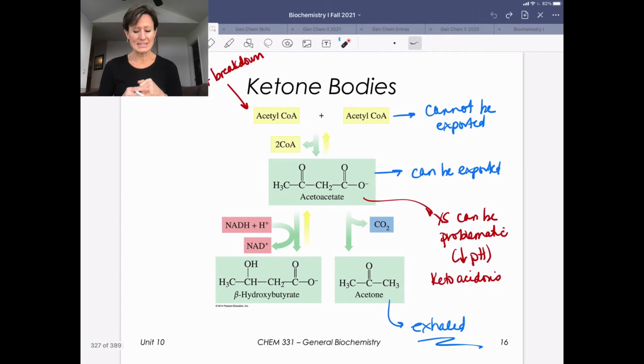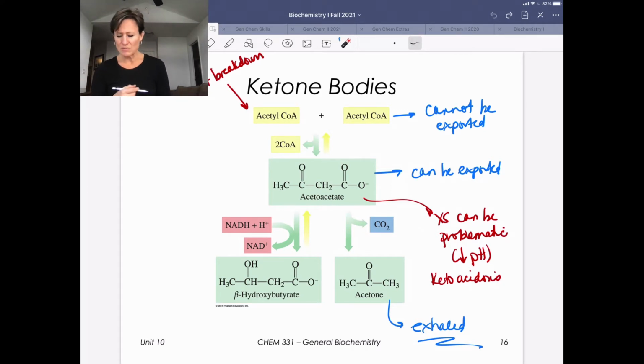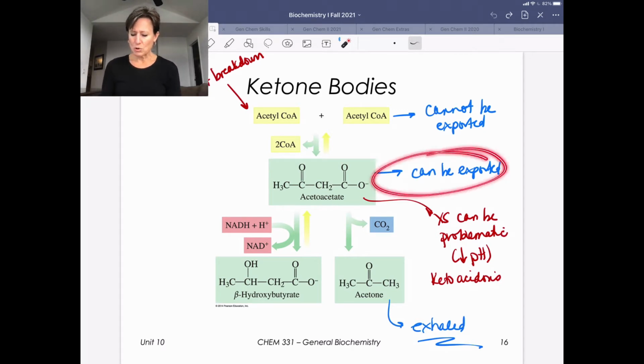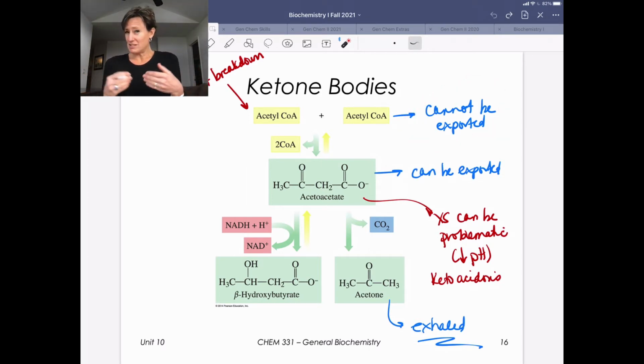So a little bit more on ketone bodies. Remember, ketone bodies are basically the zipping together of acetyl-CoA into, in this case, 4-carbon acetoacetate. We talked about ketone bodies earlier in the semester, so we're just revisiting it here. We can export acetoacetate. You cannot export acetyl-CoA. So it's a way of disguising and hiding acetyl-CoA so that you can export it.